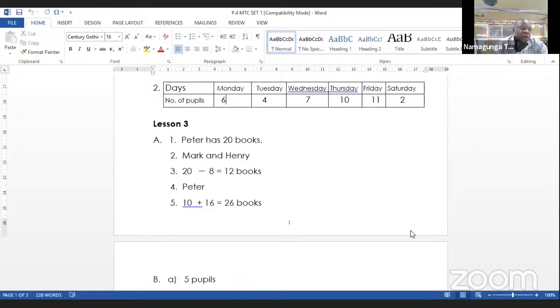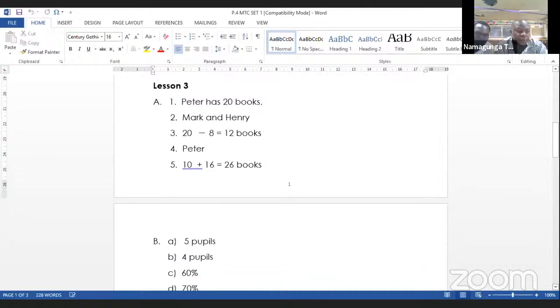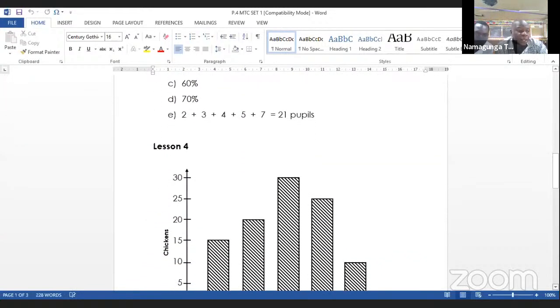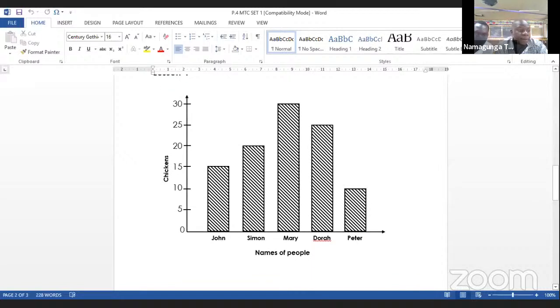The graph shows the scores obtained by primary 4 pupils in mathematics tests. It is seen clearly there. Now we are to answer the questions that follow. That is part B. I think everybody is able now to follow the question. How many pupils scored 90%?